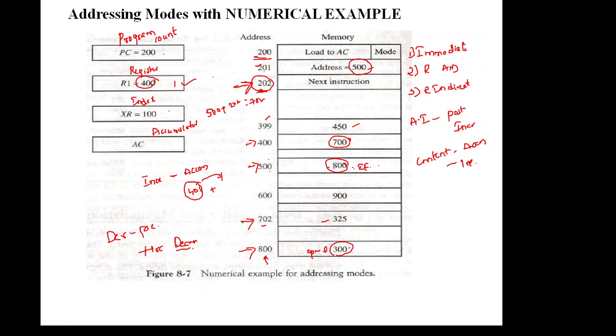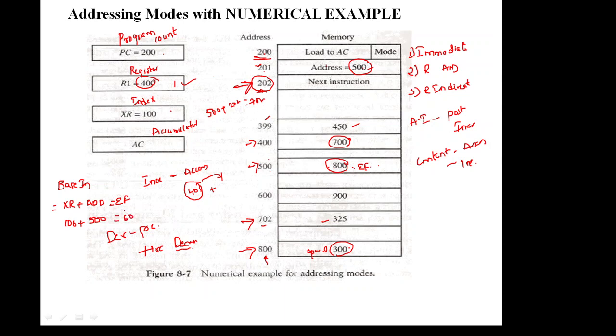The contents of the XR are added with the address field, so that is the base indexed addressing mode. That means the contents of XR are added with the address field in order to get the effective address. The contents of XR are 100, plus the address field 500, so the address will be 600.